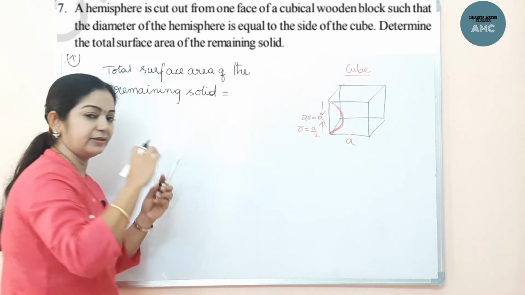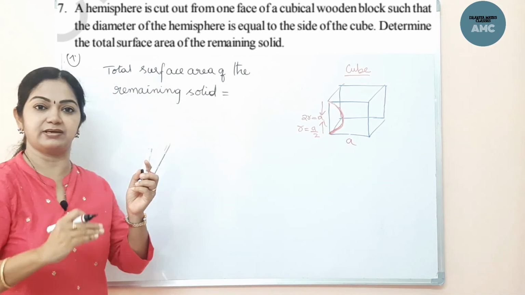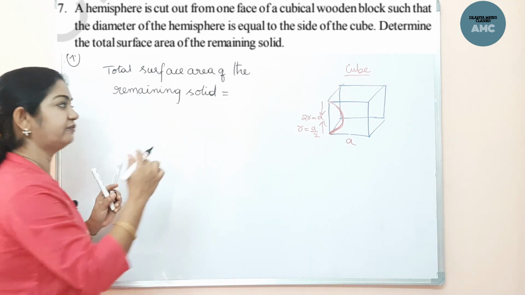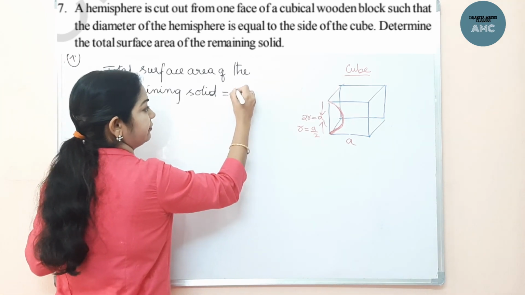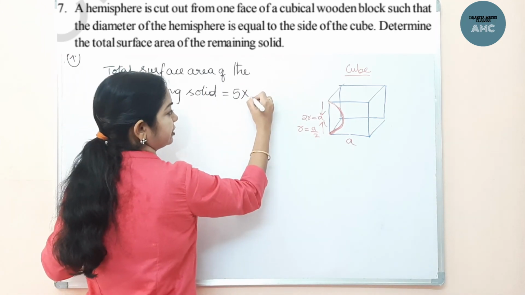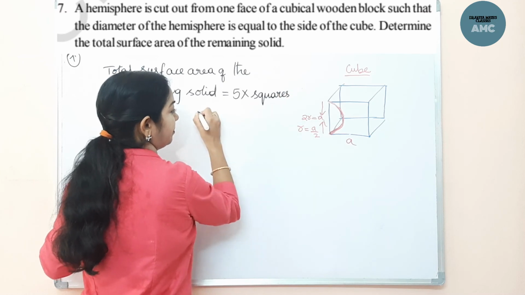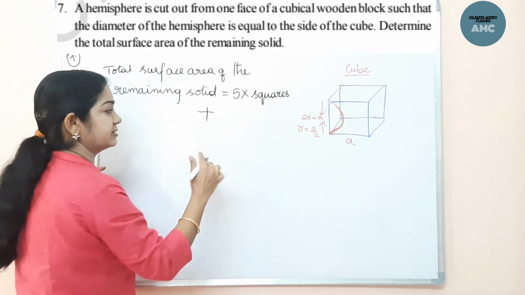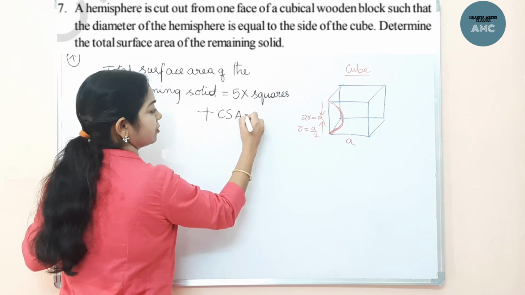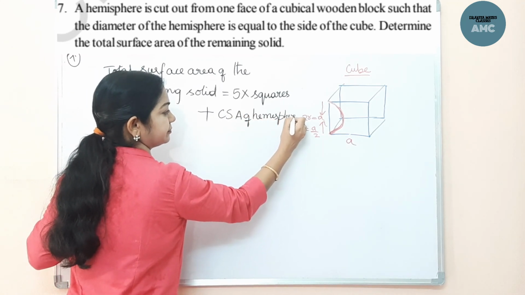So that means the cube is having 6 faces, and in one face a hemisphere is cut. So we will be taking only 5 faces, 5 into the squares, isn't it? 5 into square, plus the CSA of the hemisphere.